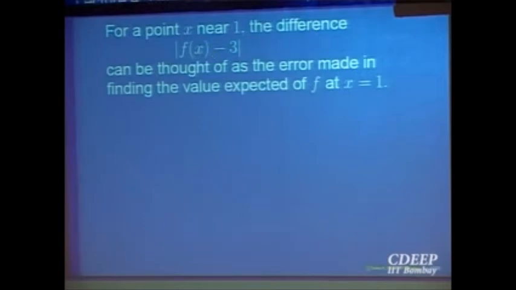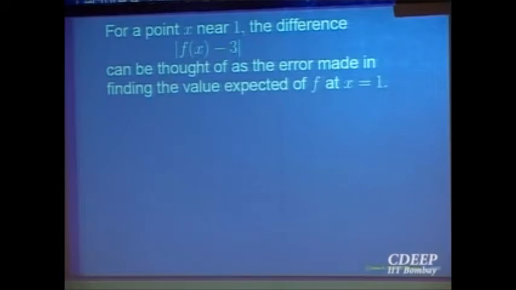If you are not at the point 1 but nearby, the value is f(x), while the actual value you should be predicting is 3. Is it okay if I call this difference the error I am making in predicting the value to be f(x) instead of 3, because I am not at the point, I am nearby? So this is the error, and we want to make it small.